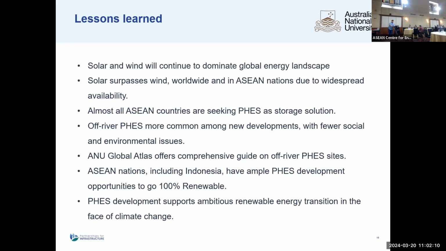Off-river, greenfield sites are becoming more common because of fewer environmental and social issues. The ANU global atlas provides a comprehensive guide on pumped hydro off-river sites around the world. The ASEAN nations, including Indonesia, have ample pumped hydro development opportunities to go 100% renewable, and pumped hydro development supports the ambitious renewable energy transition in the face of climate change.